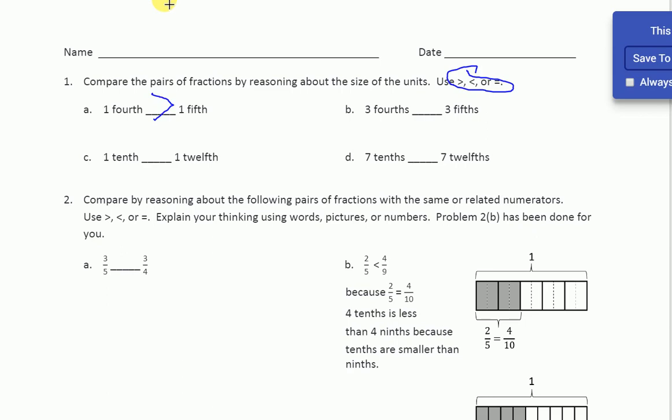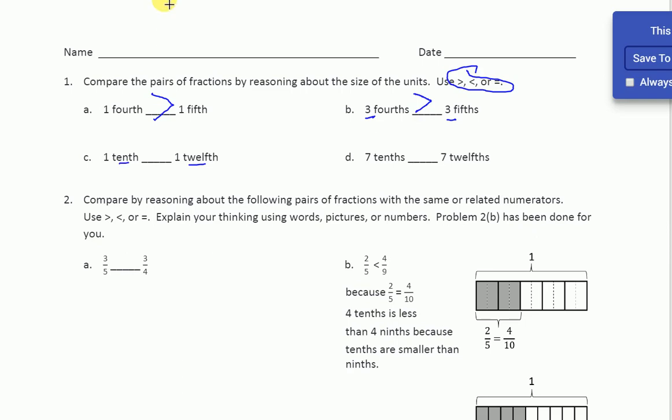Well, if 1/4 is bigger, and the only difference here is you have three pieces, there's still fourths and fifths, so 3/4 is still going to be bigger than 3/5. 1/10 or 1/12. 12, that's a bigger number. But wait a minute, it's a bigger number, yes, but it's a smaller piece.